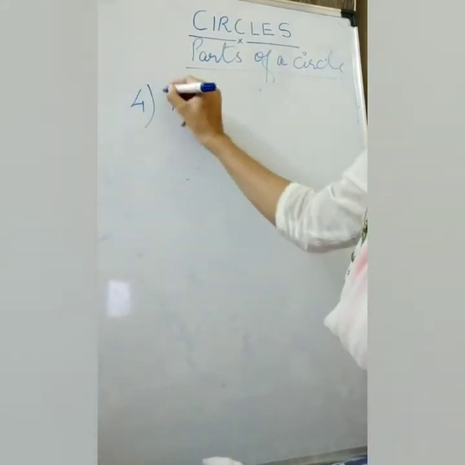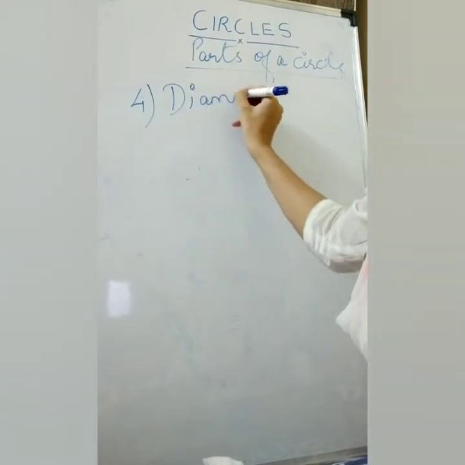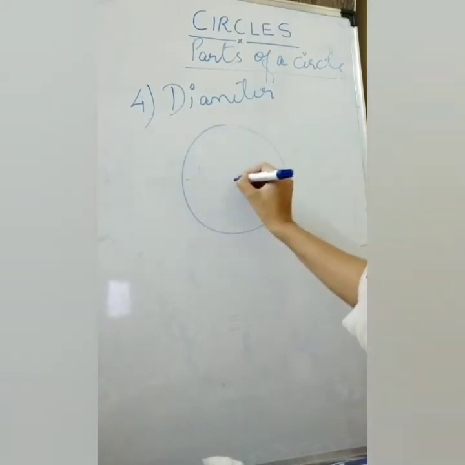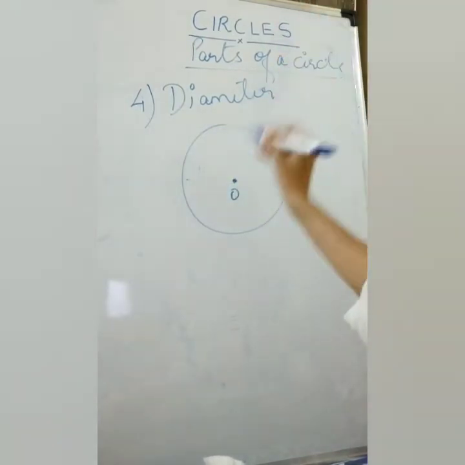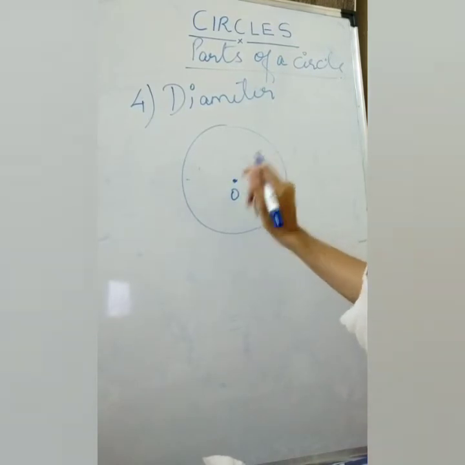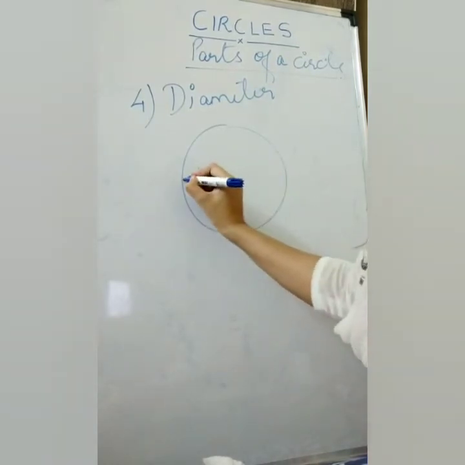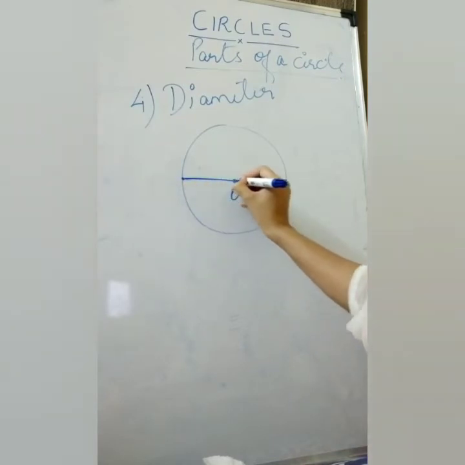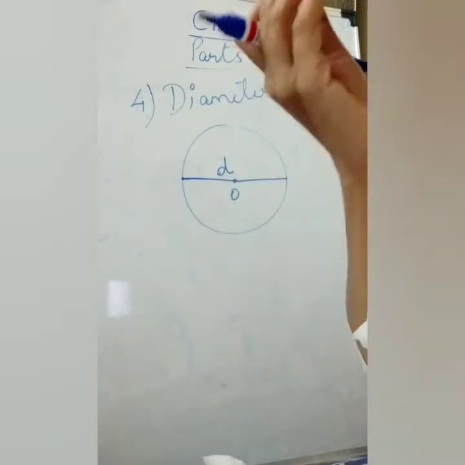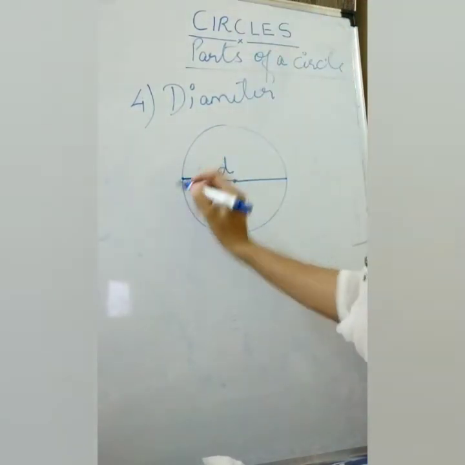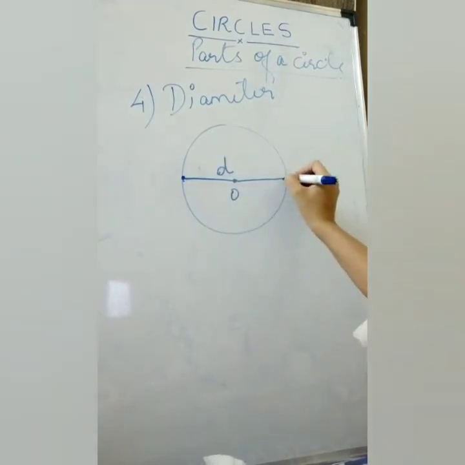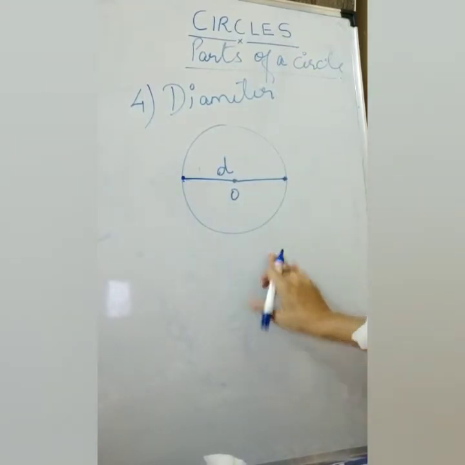Now number 4 is diameter. What is diameter? Suppose this is a circle. Okay, this is point O. Diameter is the distance from a point of the circumference to another point, from here to here. This is the diameter of the circle.